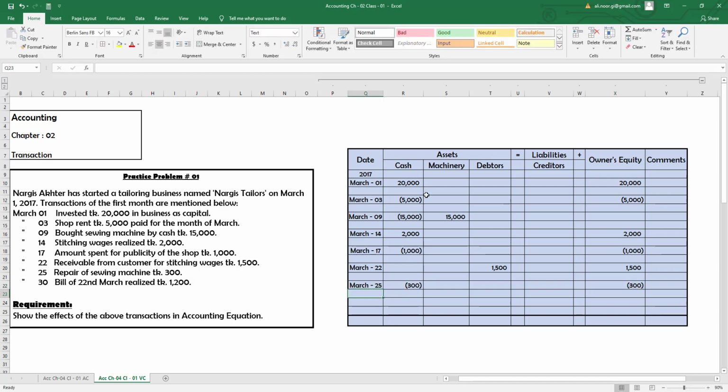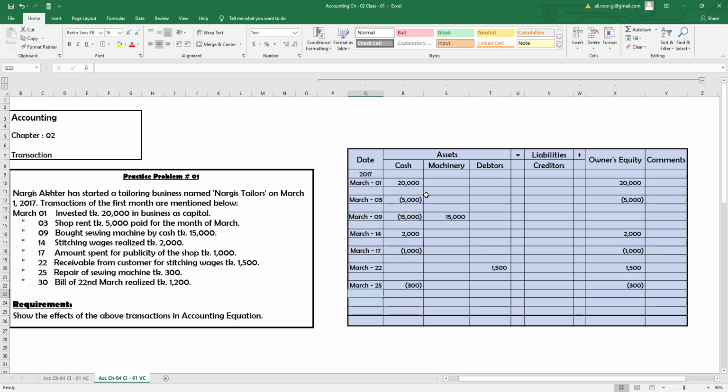Okay, March 30: bill of 22nd March realized Taka 1,200. Note that the transaction dated 22 was a receivable. Now in the transaction dated 30, we are collecting the amount from the debtors. When we collect from any debtor, it must decrease the debtor and it must increase either cash or check.